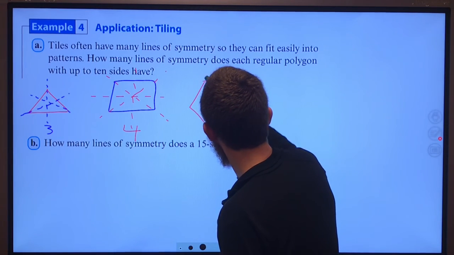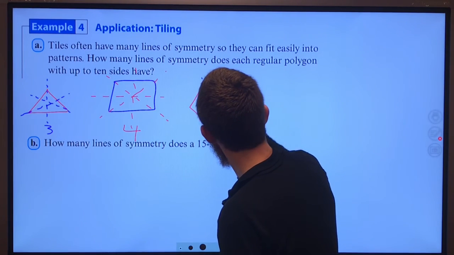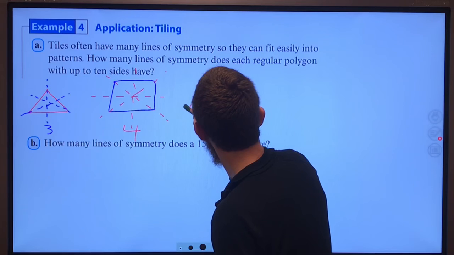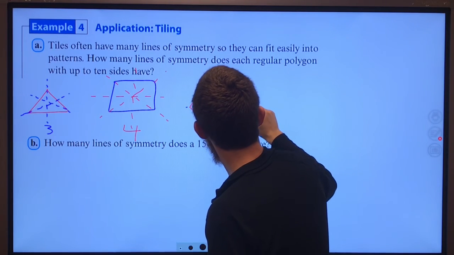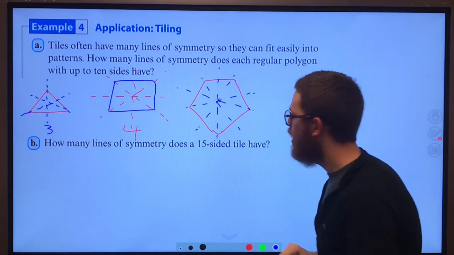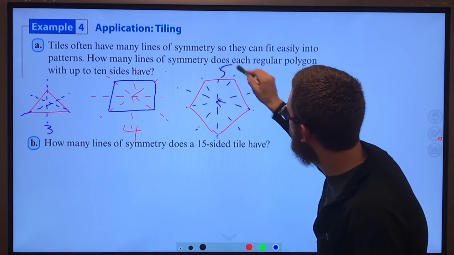On a pentagon, we've got 1, 2, 3, 4, 5 lines of symmetry on a pentagon.